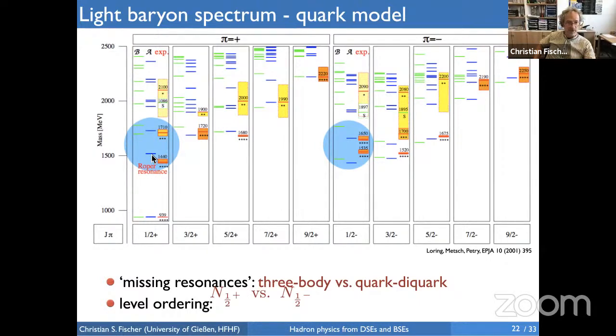The ground state in the 1/2 minus is lower than the first radial excitation in the 1/2 plus. There may be many reasons why the so-called famous Roper resonance is so low in mass, and I will actually discuss two possible reasons for that.